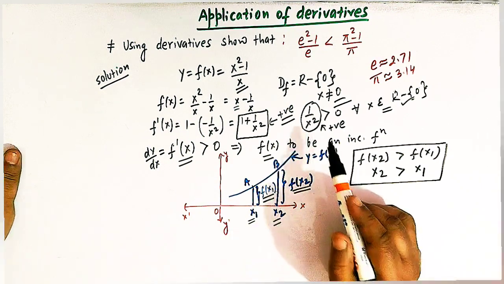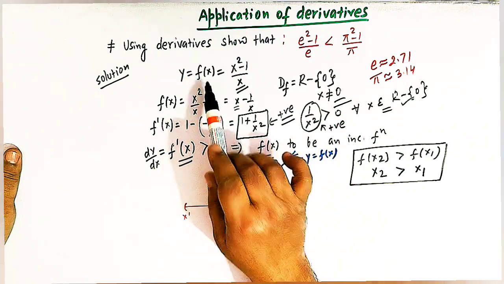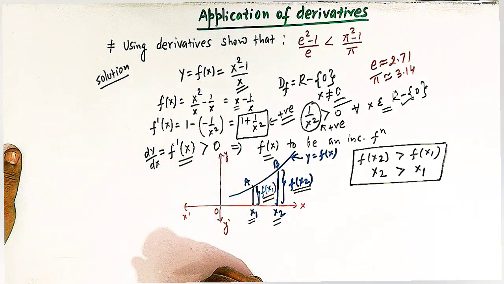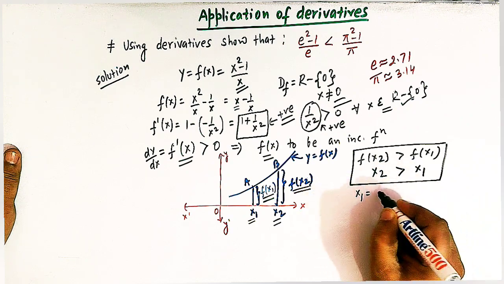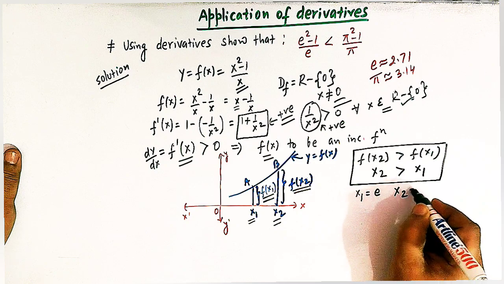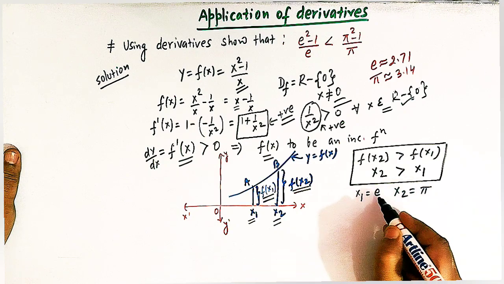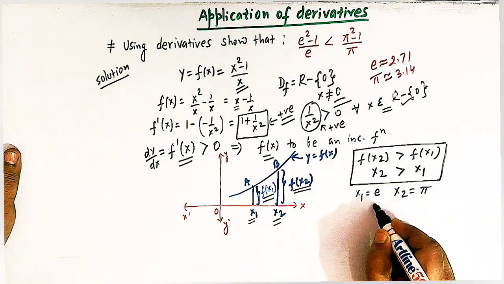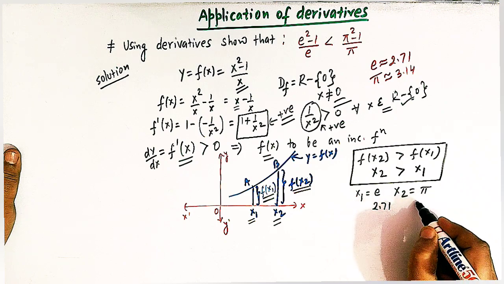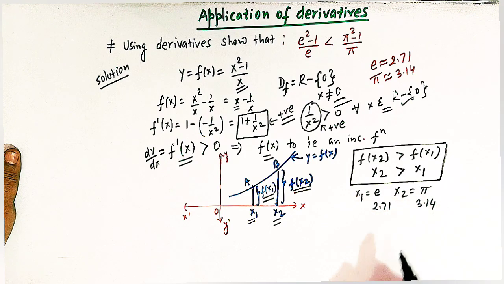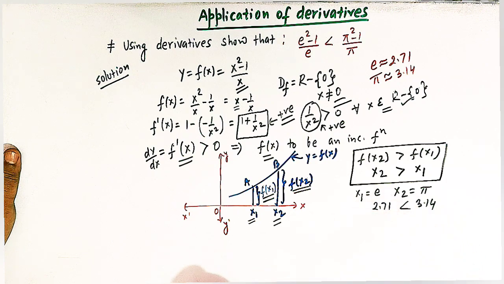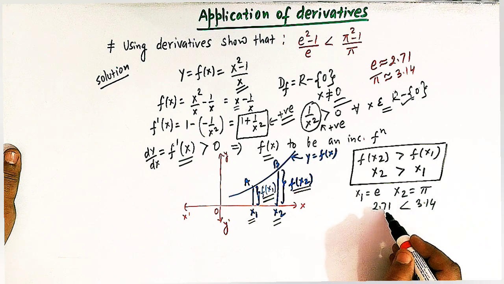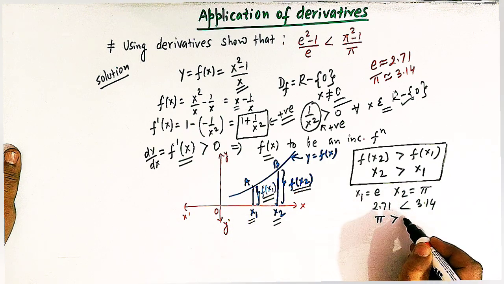We have just proved that this function f of x is a strictly increasing function. So let us take x1 as e and x2 as pi. Now e is 2.71 and pi is 3.14, so 3.14 is obviously greater than 2.71, so pi is greater than e.